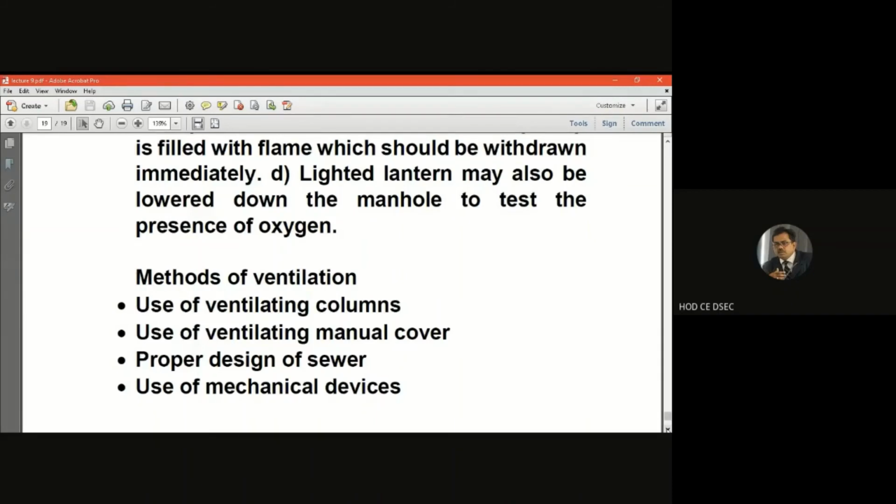Now, use of ventilating manhole covers. The manhole covers are sometimes provided with perforations through which the sewer gas gets exposed to the atmosphere, and this will no doubt help in achieving some ventilation, but it has a negative effect also, some nuisance. Some bad smells continue to erupt from them.